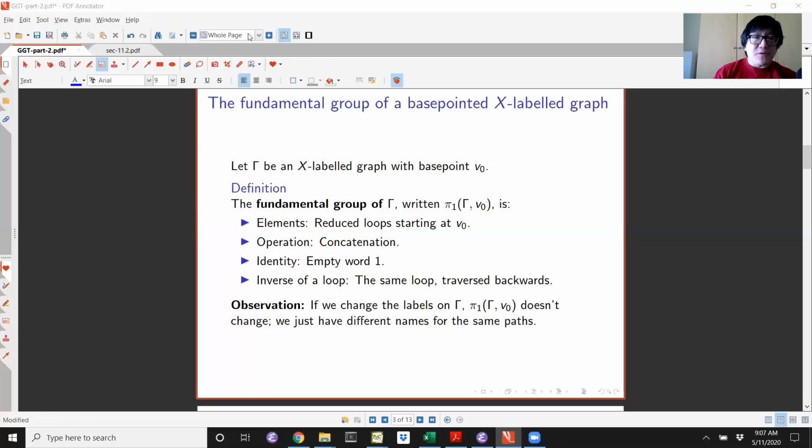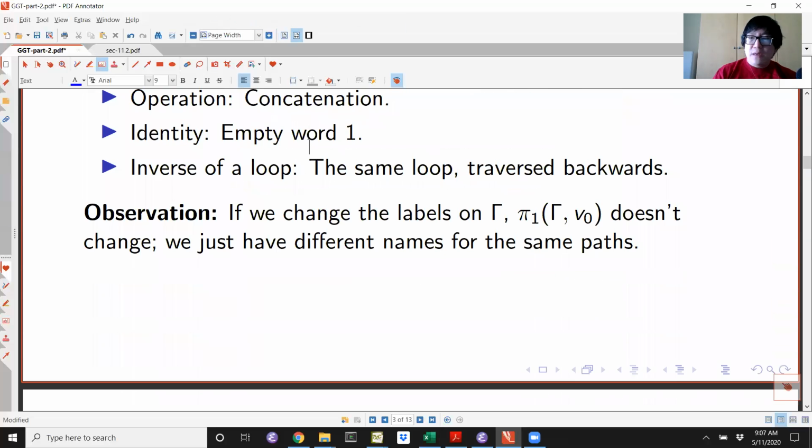Well, actually, let me blow up the page just a wee bit to show that. I'll just do this all in one color just for speed. So if we have v sub 0 here, and maybe a couple others, I'm not going to make this too complicated.